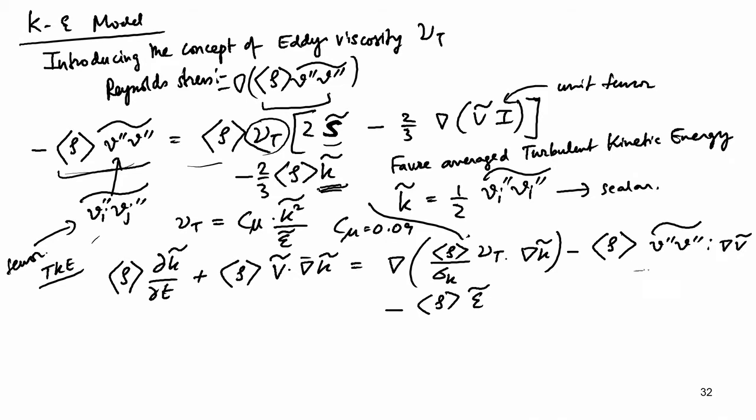So, what we have is essentially the production term, and this is the dissipation term in the turbulent kinetic energy. And as you remember, in the production term you had the Reynolds stress terms, and then the velocity gradients. So, you get similar things here also.